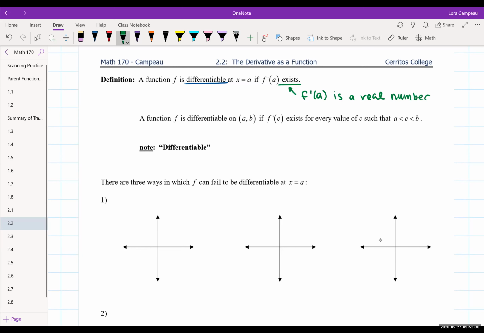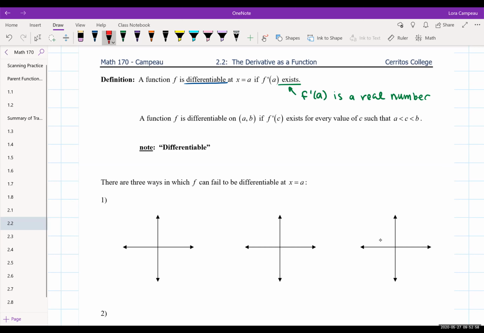So now we talk about what happens in terms of an interval. A function f is differentiable on the interval a, b, if the derivative at every value in between a and b exists.